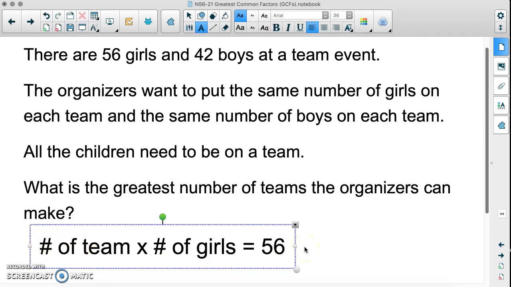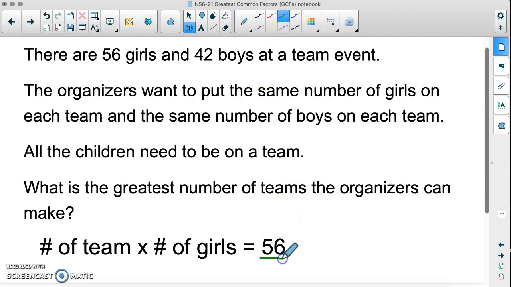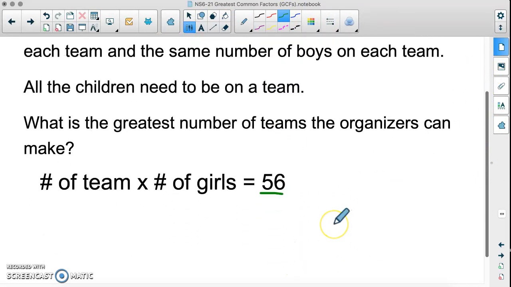If all the girls must be on teams, how many can be on each team? The answers we're looking for are the factors of 56 itself. If we think of the factors of 56, we're thinking of ways that we can make 56.